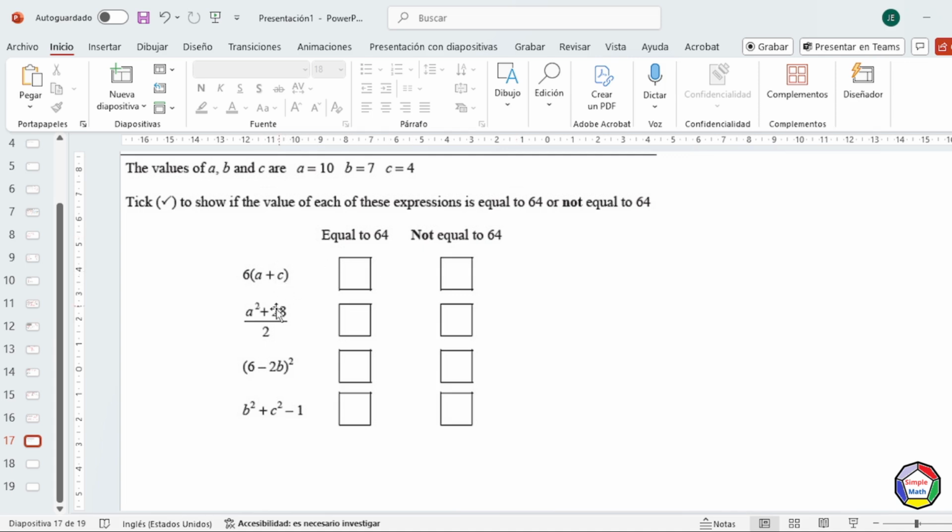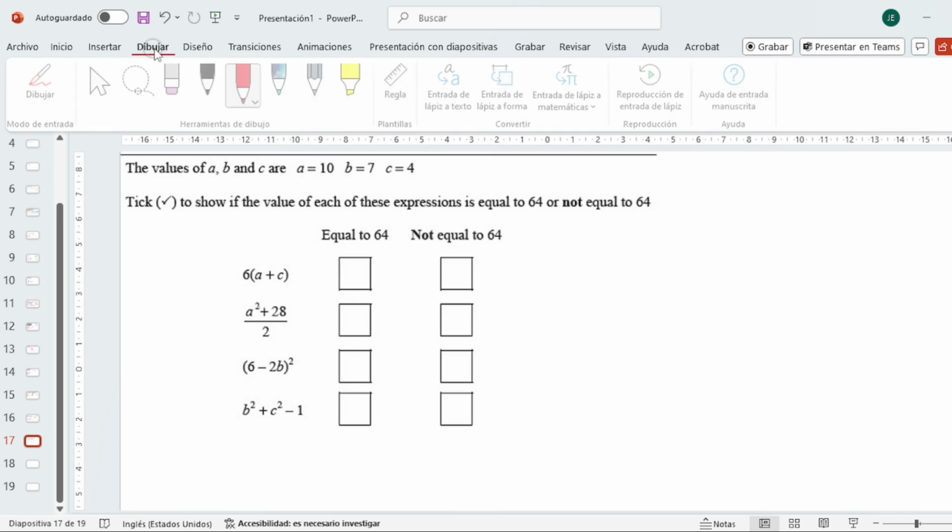In other words, we have three exercises where we have to substitute these values, perform the operations, and write the answer in the simplest form if possible. I'm going to solve them one by one, and then I will put the check marks, equal to 64 or not equal to 64. So let's begin.